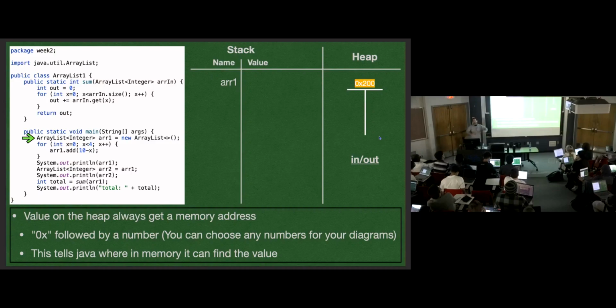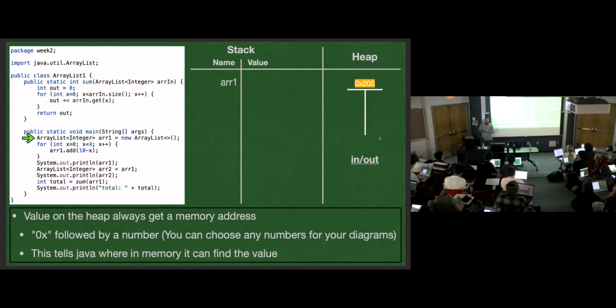And that memory address, remember, memory is like one giant array. This is the index for the first byte of the subsection of that array that was allocated for this array list. For our memory diagrams, since we don't have an operating system to ask for space and to get an actual memory address, we're going to make up numbers. When I made this slide, I was feeling the number 200.